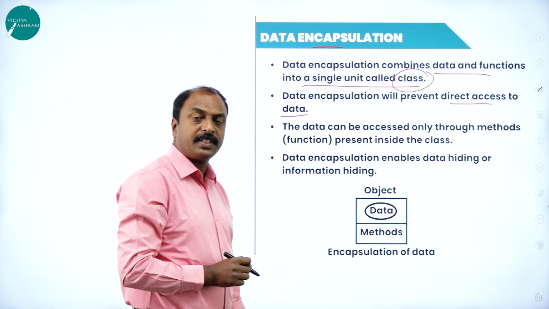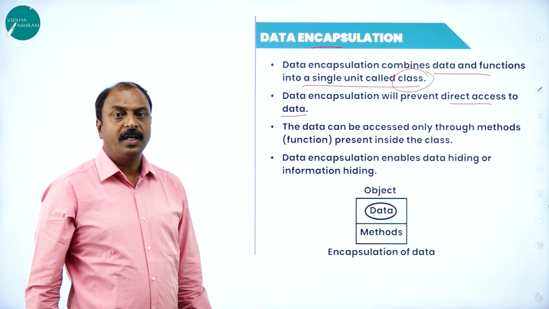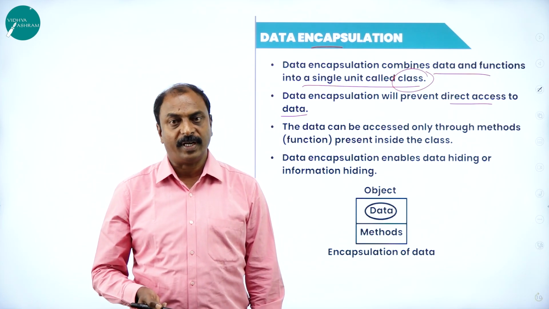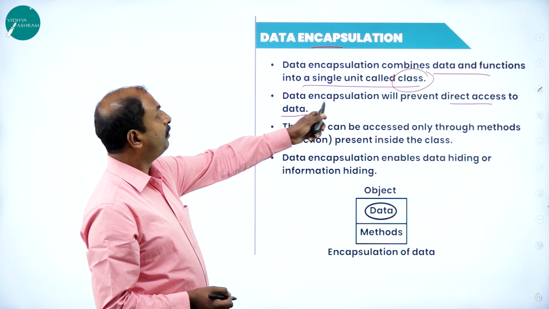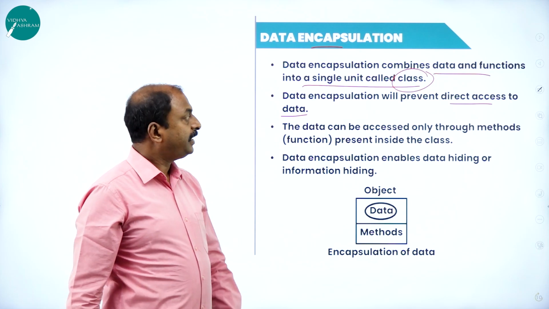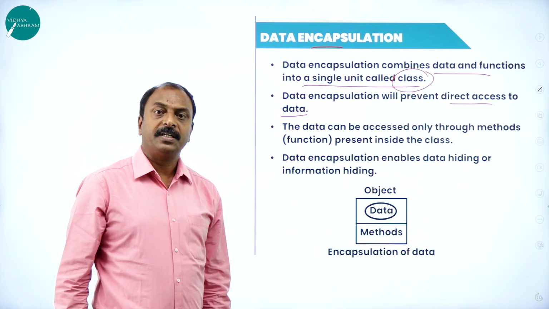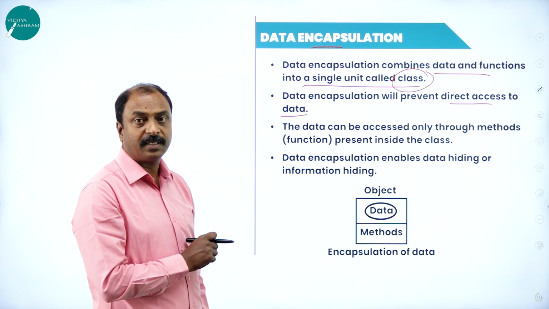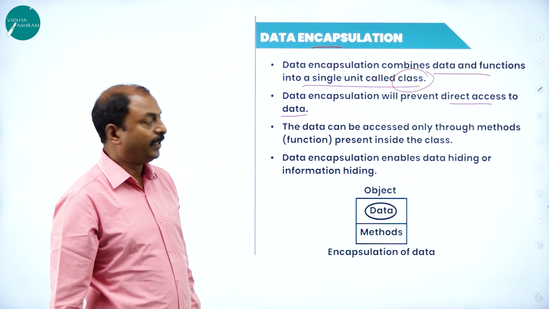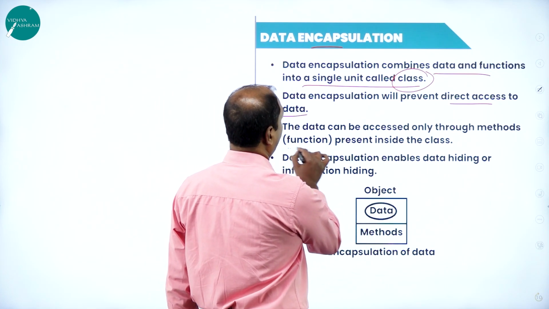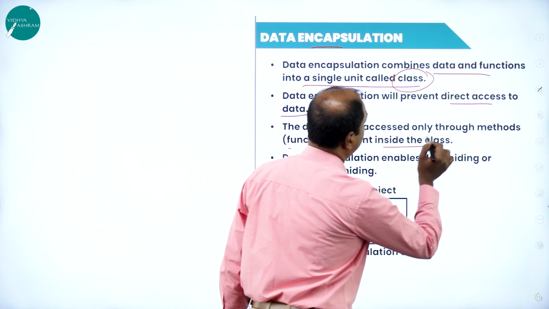So what is the meaning of this? It is a sort of security. Classes may contain data members as well as member functions. With the concept of encapsulation, it prevents the data from external access by external users. So it is a sort of security. Data can be accessed only through methods or functions present inside the class.